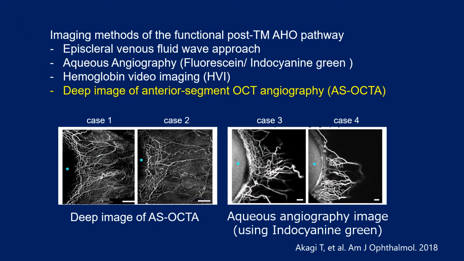Recently, imaging methods of the functional post-TM HO pathway, such as aqueous angiography, have received attention. AS-OCTA, as used in this study, is a relatively new technology that can non-invasively visualize the sclero-conjunctival vasculature.